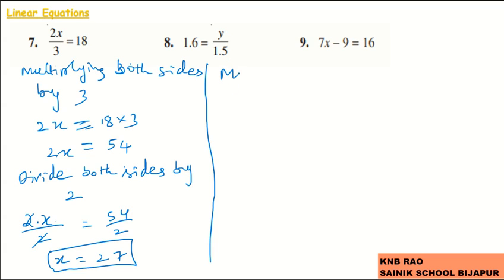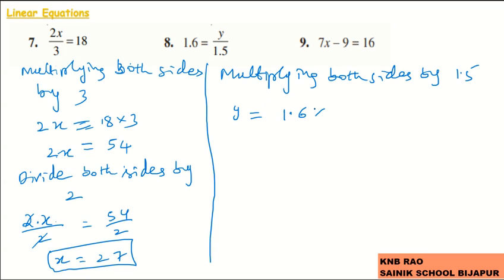So we need to multiply by 1.5, which makes y equals to 1.6 into 1.5, where here multiplying, 1.5 cancels with this, and on the left hand side, multiplying 1.6, that 1.5 will remain.